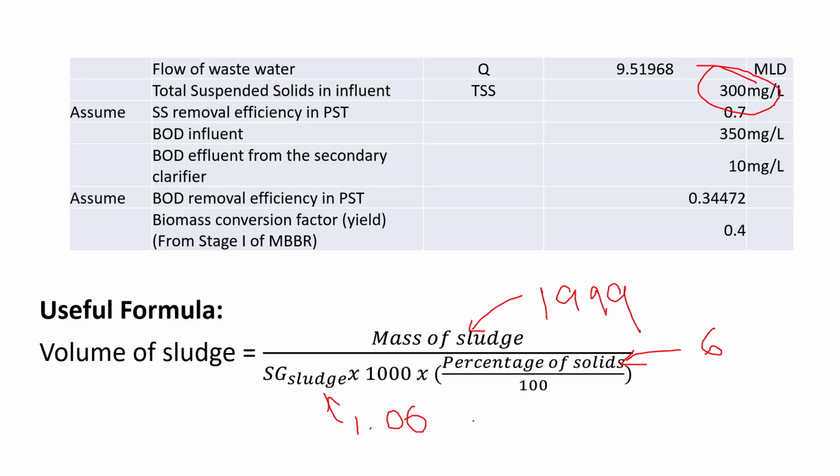Now make the calculation and tell me what will be the volume of the sludge produced for the primary clarifier. That is the first part of this question. Just make the substitutions and tell me the answer.